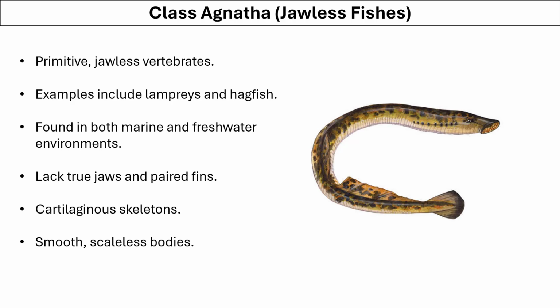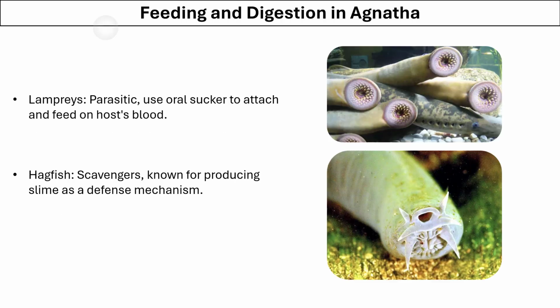Their endoskeleton is made up of cartilage and their body is smooth and they do not have any scales. Lamprey is parasitic. They have these oral suckers, which you can see in the image, that help them to attach to their host and help in feeding on the blood of their host.